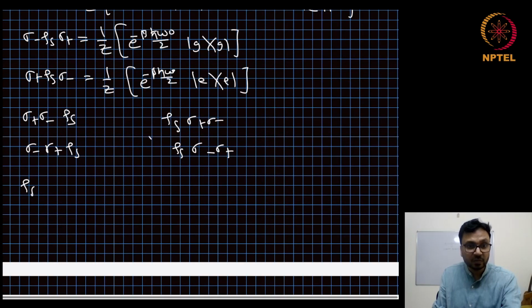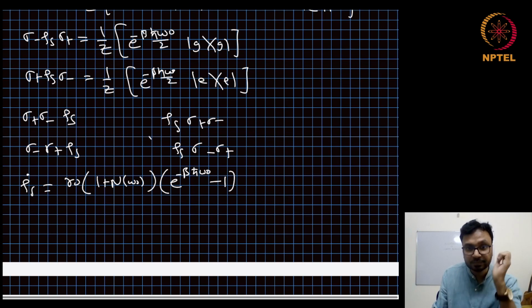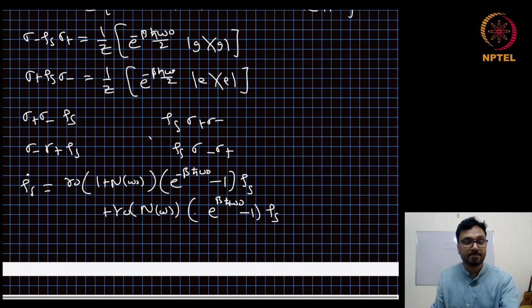We get ρ_s dot equals γ0 (1+n(ω0)) times (e^(-βħω0) - 1) ρ_th, or ρ_s, plus γ0 n(ω0) times (e^(βħω0) - 1) ρ_s. After doing all these things, this is what we get.